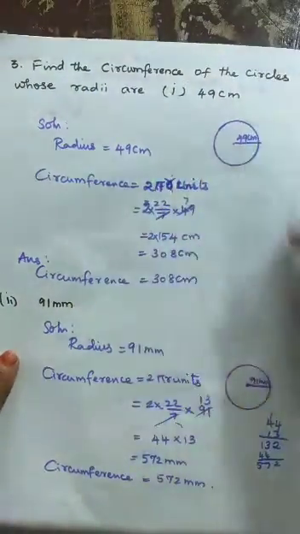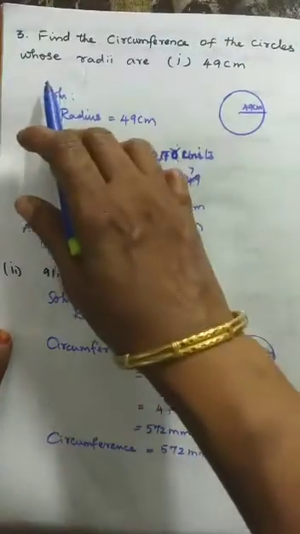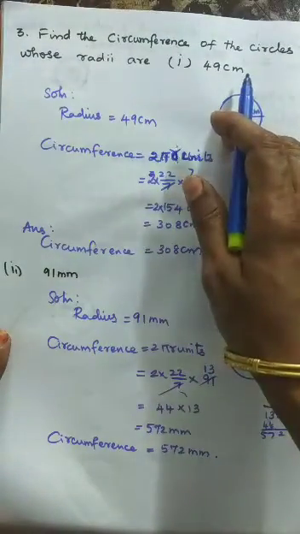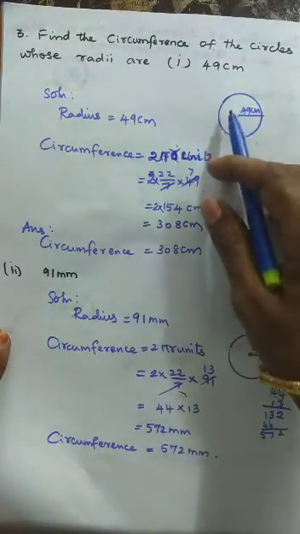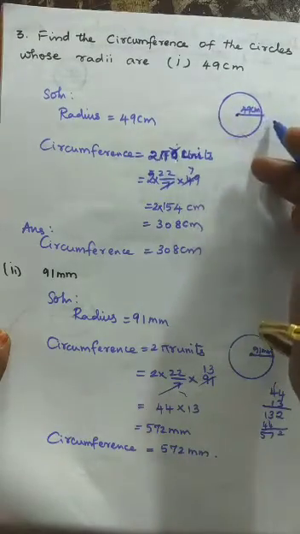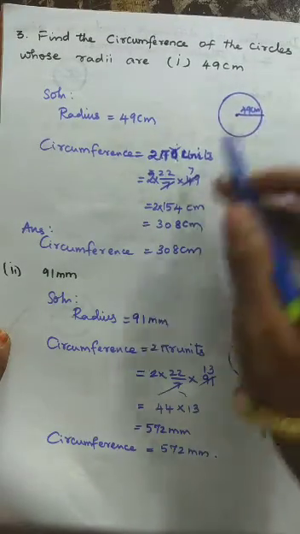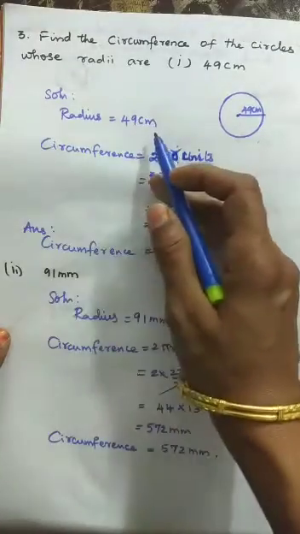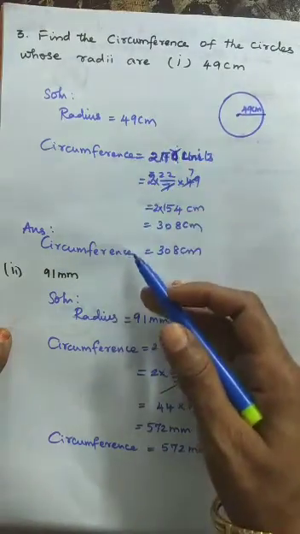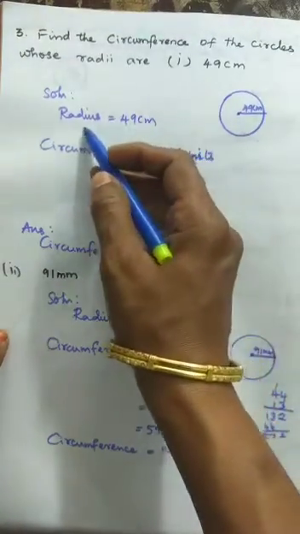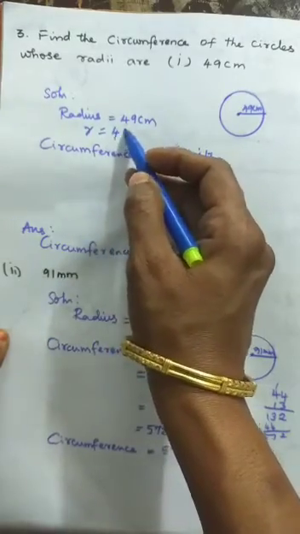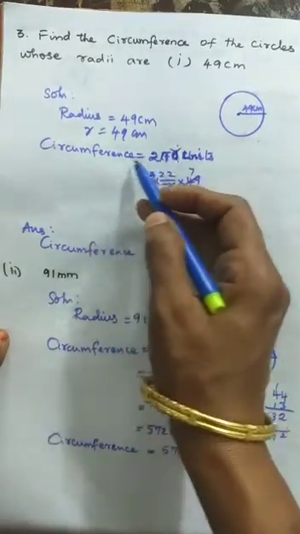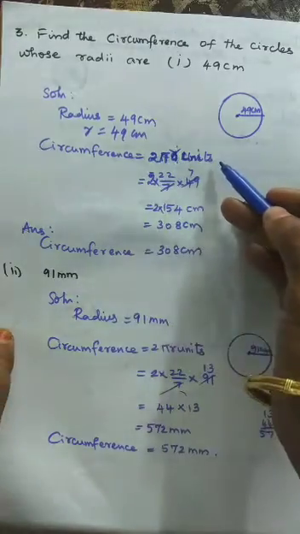Then we shall see the third problem. Find the circumference of the circles whose radius are 49 centimeter. And draw a circle from center to circle is 49 centimeter. So radius is equal to 49 centimeter. Here they are given R is equal to 49 centimeter, isn't it? So we have to use the formula 2 pi R units.